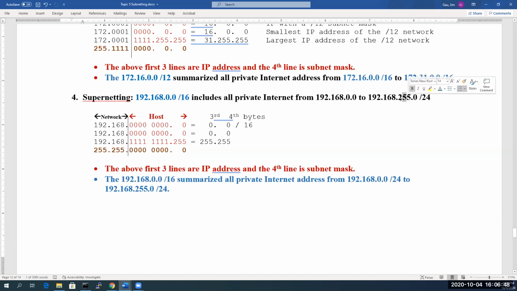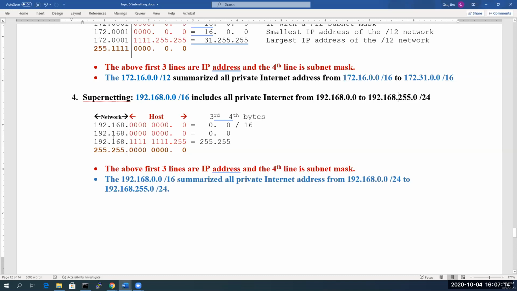That means all those 256 class C networks combined together into one class B network, which is 192.168.0.0. So it's like supernetting or route summarization.